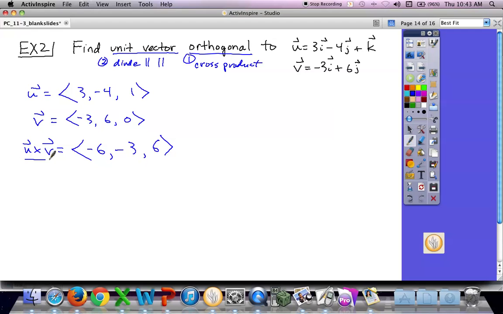Now we need to divide it by the magnitude of U cross V. Okay, well, what is the magnitude?